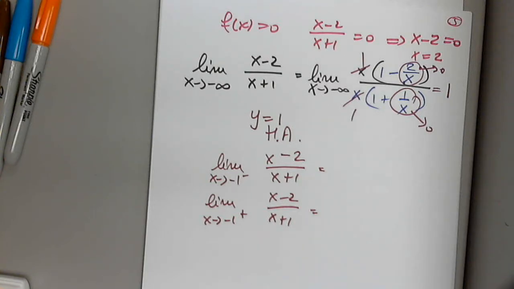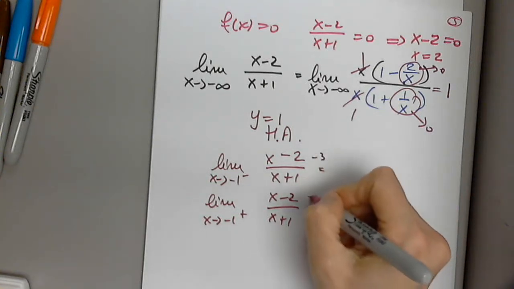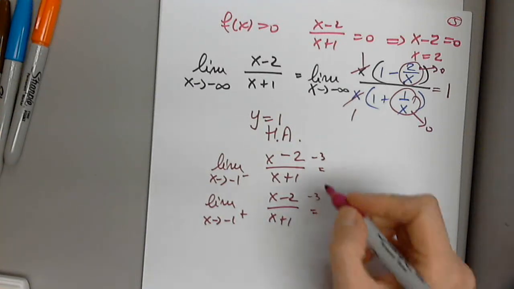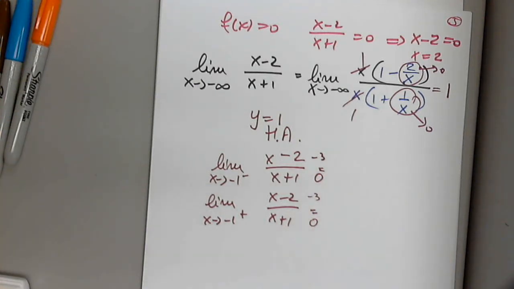Would you agree with -3 at the top? But I have a big problem with the denominator. I have -1 plus 1. What is that? So I know that this is trouble, meaning the limit does not exist. But there are three options of not existing: positive infinity, negative infinity, or oscillating.